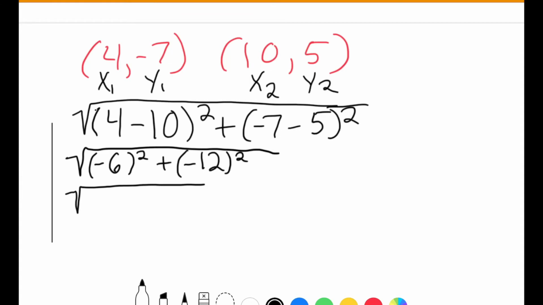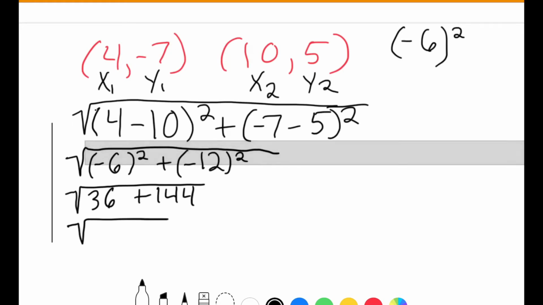Remember, if you are using your calculator to do some of this simplifying, do not put just -6 squared in the calculator. You have to put the parentheses around the -6 or a negative number. So you should get 36 plus 144. Underneath the radical, you will get 180.